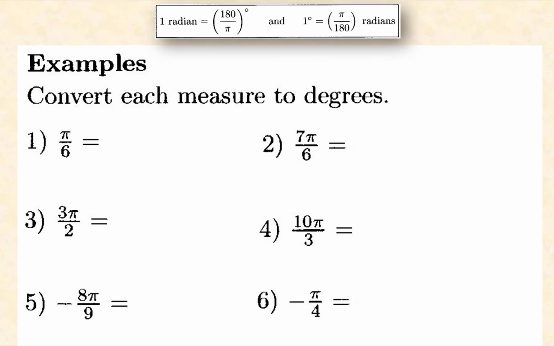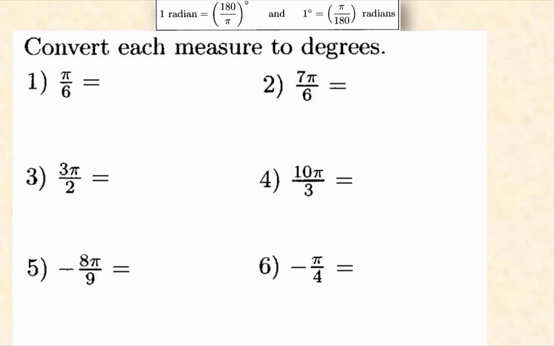Convert each measure to degrees. Pi over 6: to convert pi over 6, we will multiply pi over 6 by 180 degrees over pi.